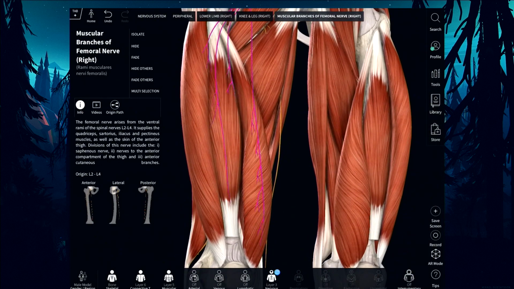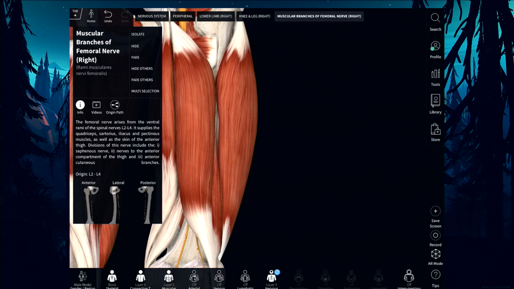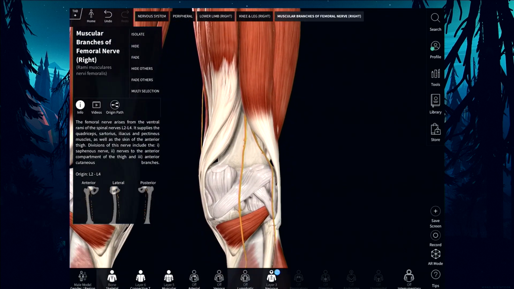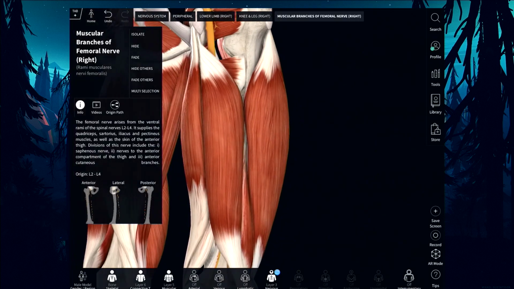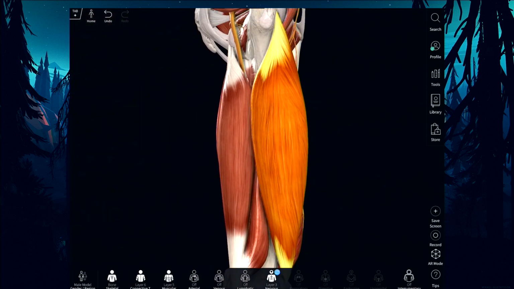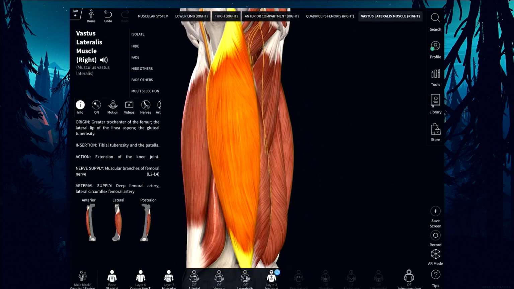What else did I want to show you about this? I'm going to come back to this open area on the back when we get to the muscles of the lower leg, but I want to show you, because we've just discussed the quadriceps, specifically the vastus lateralis is one of the most common sites of muscle sampling in exercise science.